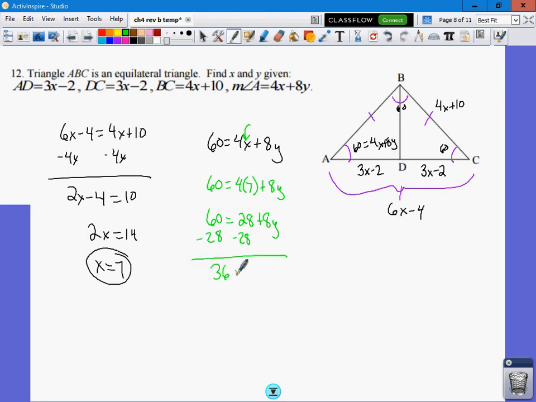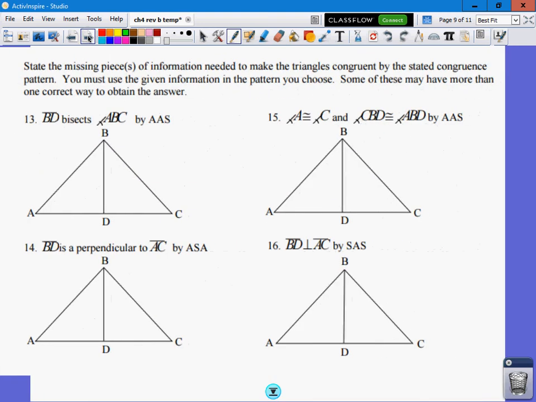I get 36 is equal to 8y, and divide both sides by 8. Y is equal to 4. This would have been 32. Bad math, a mistake. 32 divided by 8 is 4. So my values for x and y: x is 7, y is 4.